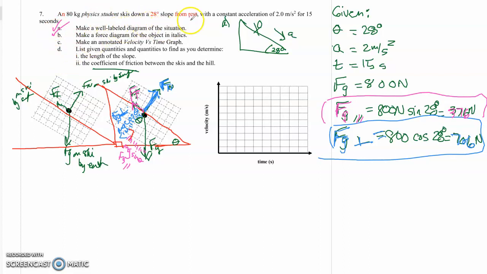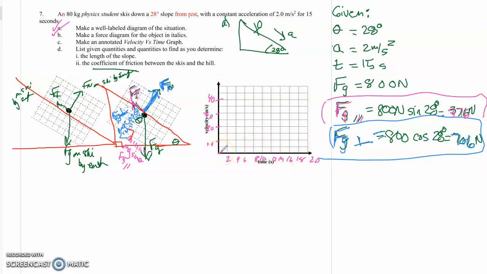So let's see, starts from rest. So there we are. I'm sort of liking the 10, 20, 30, 40 here. 10, 20, 30, 40. Let's see, 2, 4, 6, 8, 10, 12, 14, 16, 18, 20. Okay, so something like that.